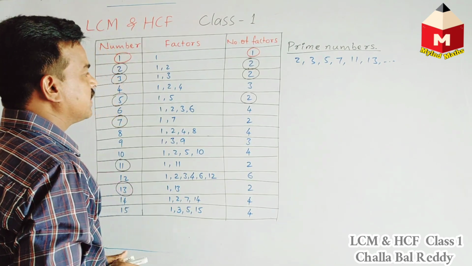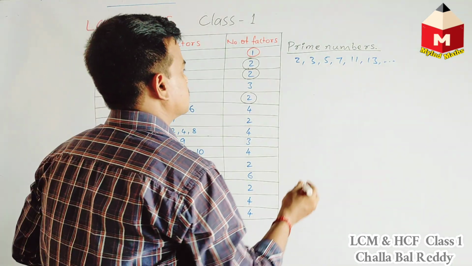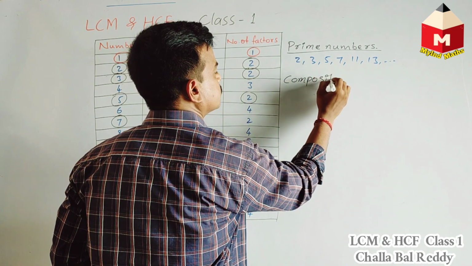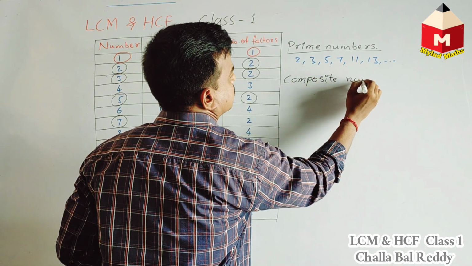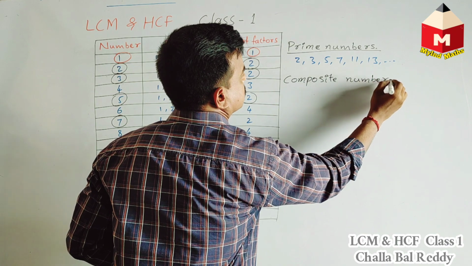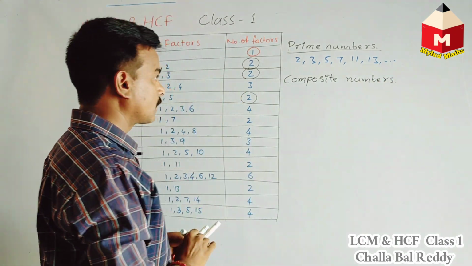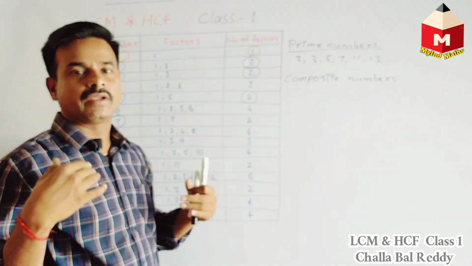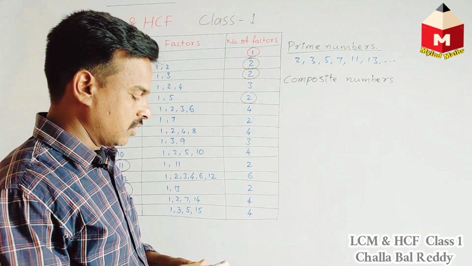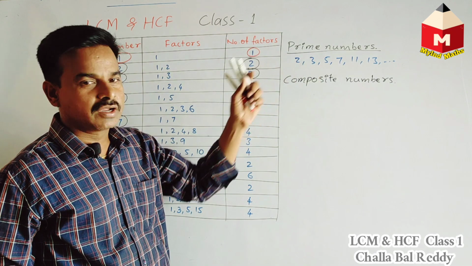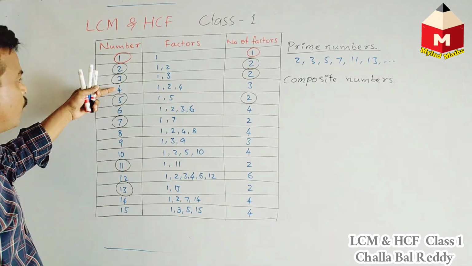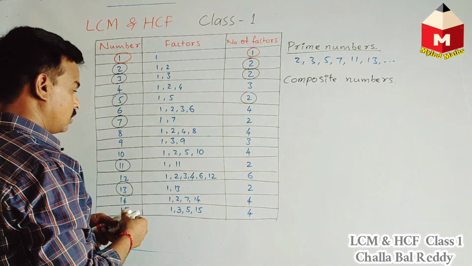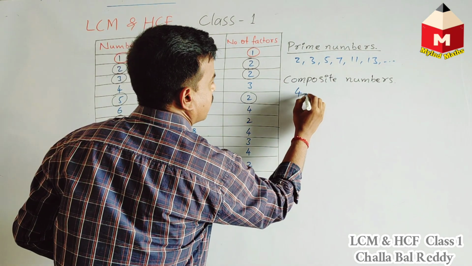The second classification is the composite numbers. The rest of the numbers, the numbers having more than two factors, are called composite numbers. What are those? 4 has 3 factors, so it is a composite number.